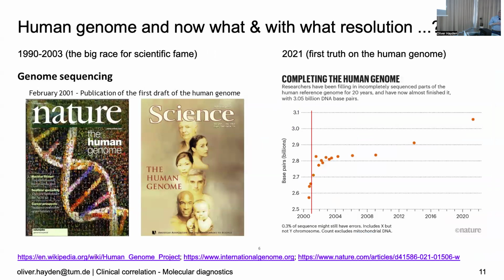Now, let's skip a few years and go a little bit back in history. When I was a student, no, I was not a student anymore. There was this nice publication in 2001. The covers of both Nature and Science showed basically that the human genome was solved.